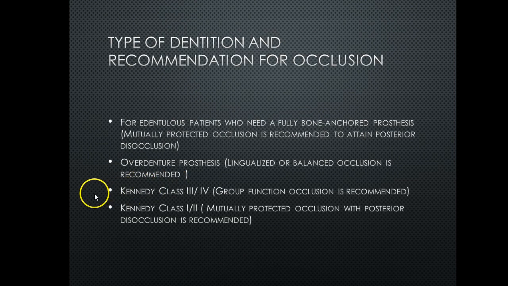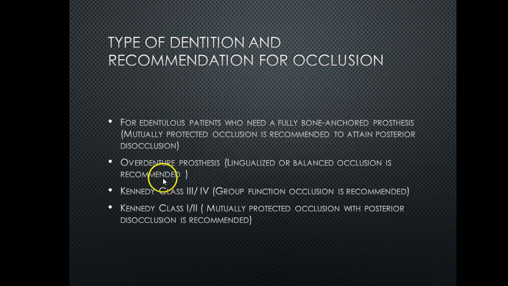One of the last things I'm going to talk about is the type of dentition and the recommendation for the occlusion type. Just to have an idea, it's not one size fits all. So if a patient, for example, is edentulous and needs a full bone-anchored prosthetic, our recommendation is to use mutually protected occlusion, and to attain posterior disocclusion with mutually protected occlusion.